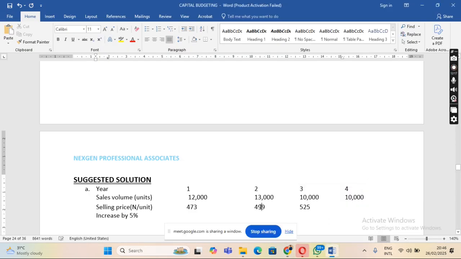If I inflate the 472.5, I got 496.125. Now, if you continue to inflate, the figure will vary. We were told to leave it at least to one decimal place.